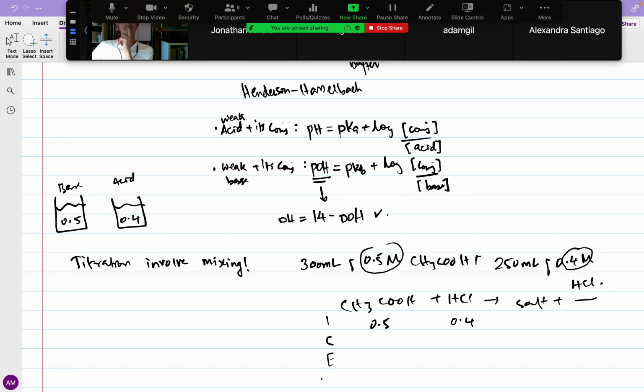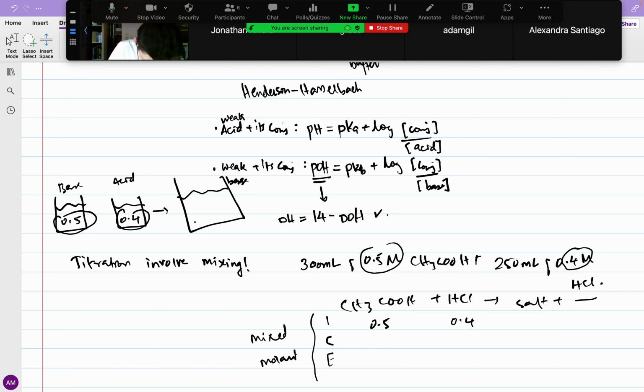What the ice table here is concerned about is mixed molarities. When you combine these, you get a bigger volume, and the molarity of the acid and the base change because each base and acid has access to a larger volume now. So the molarities change.